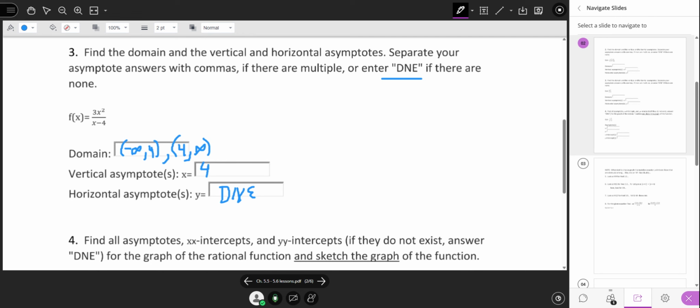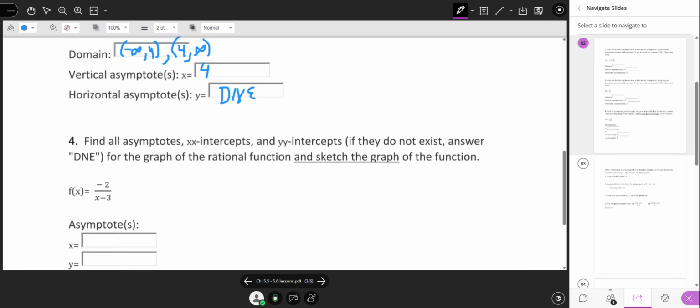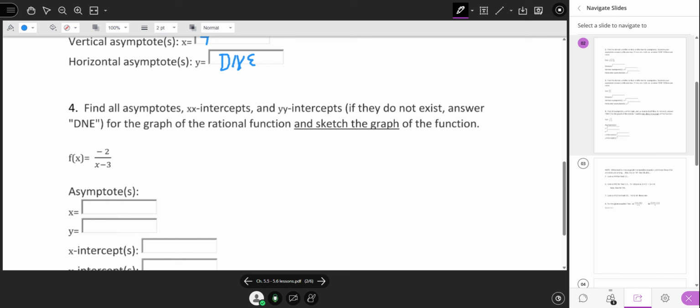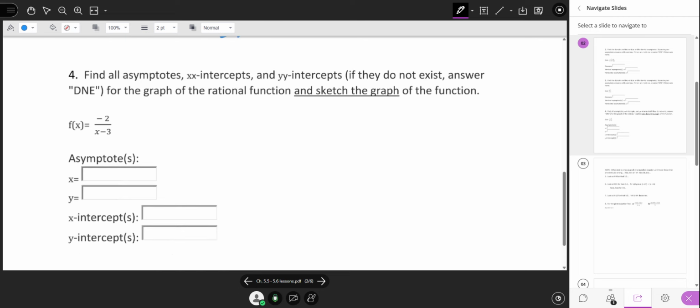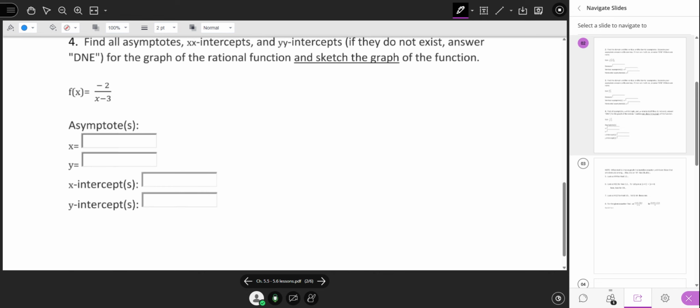Okay. Now, this one says sketch the graph after you have found the x-intercept, the y-intercept, your asymptotes, then sketch it.